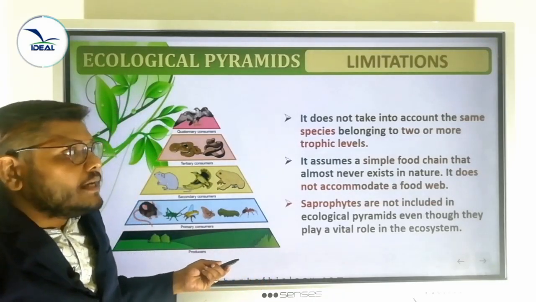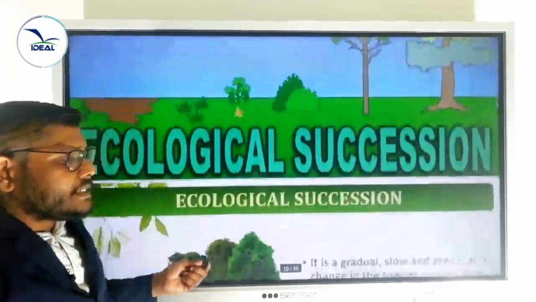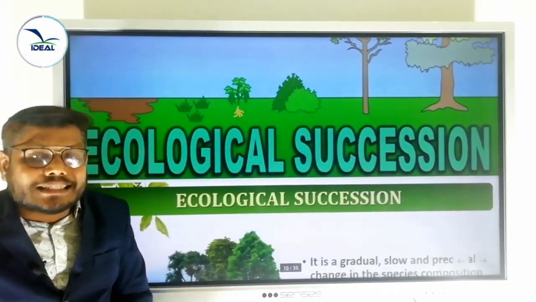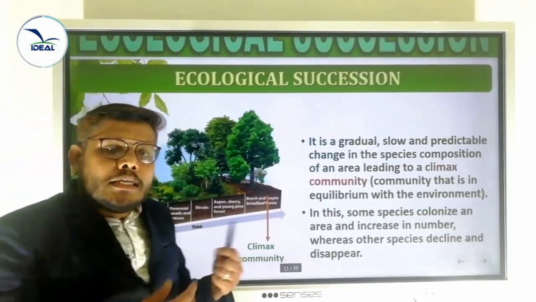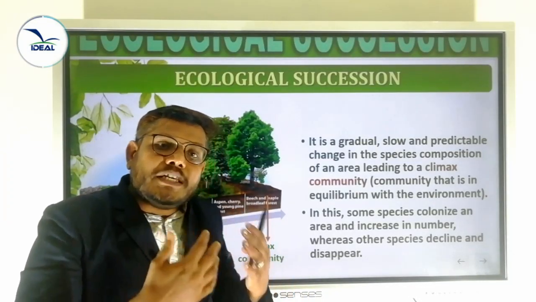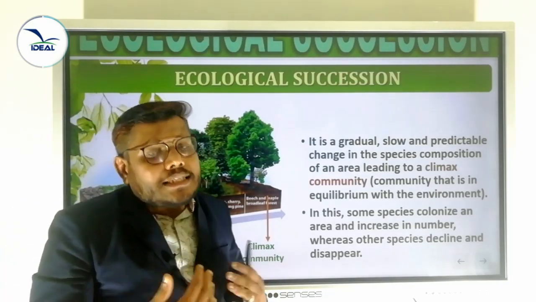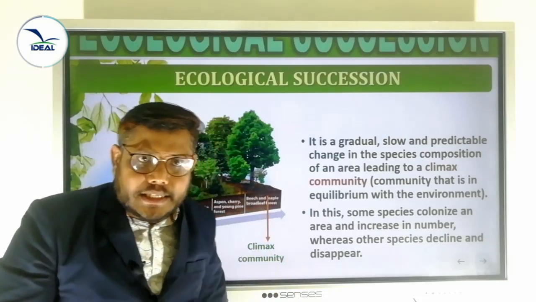Is it clear? The next one is succession. What do you mean by succession, or ecological succession? The gradual, sequential, predictable changes occurring in species composition in an area is called succession, or ecological succession.